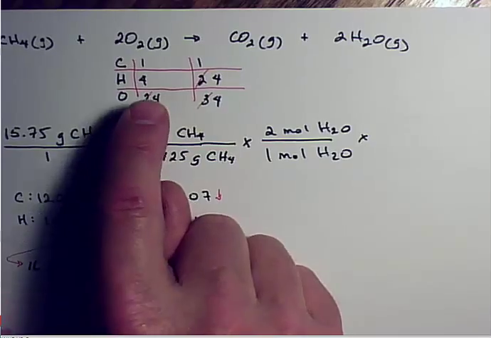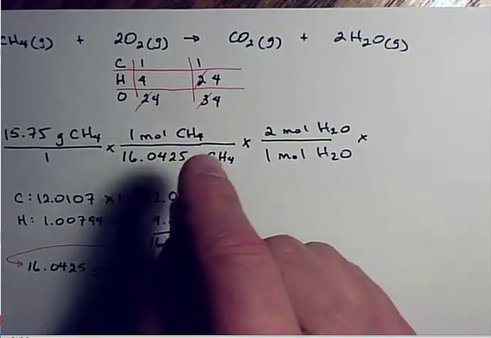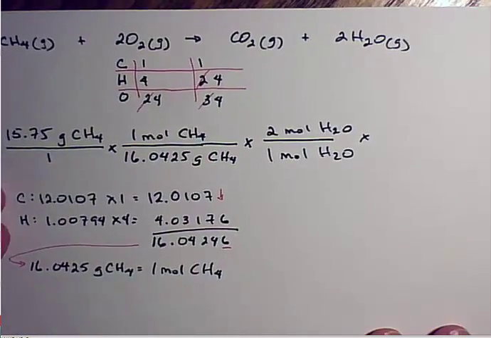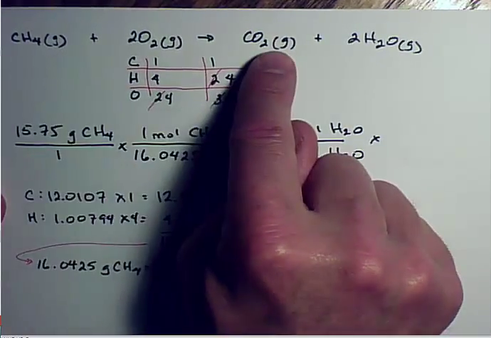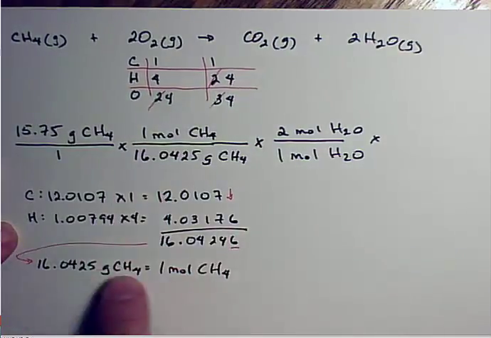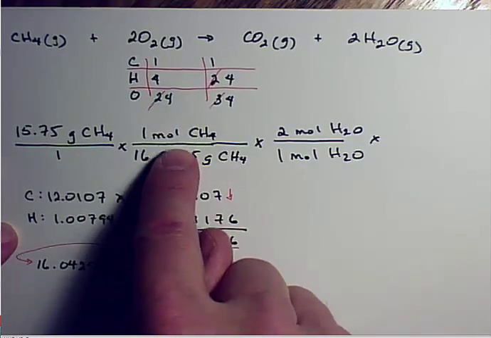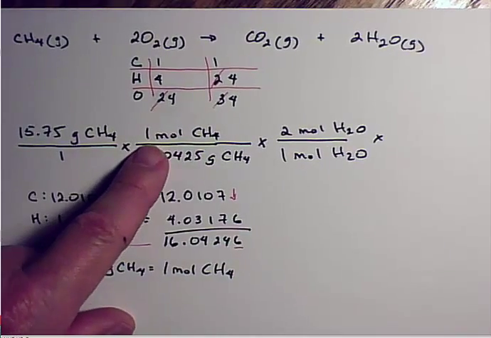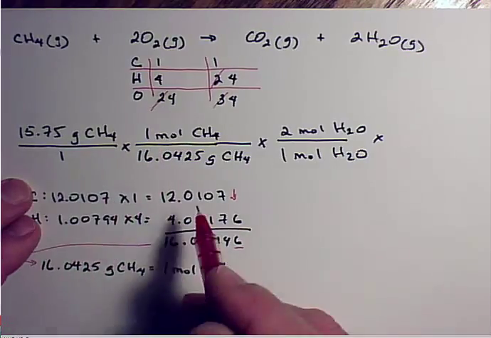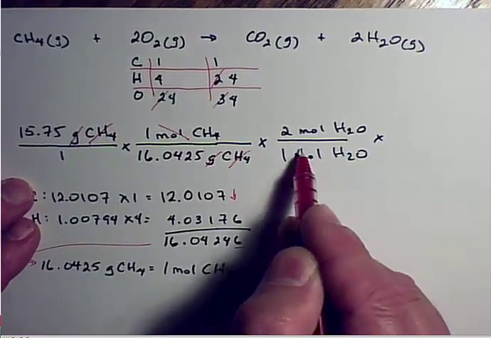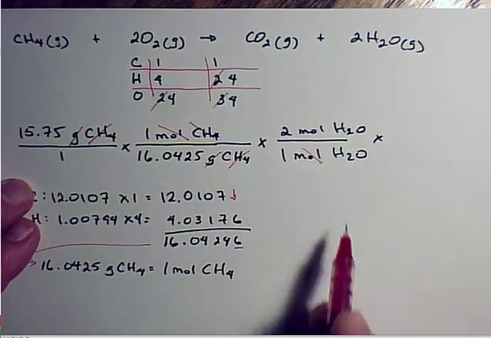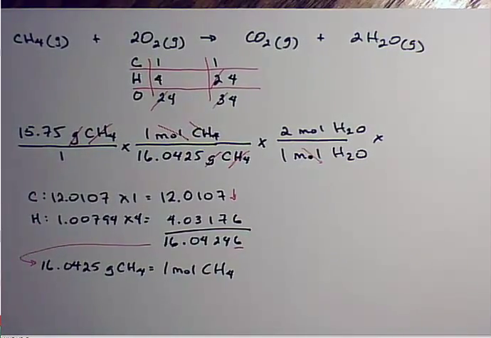Now I went ahead and put back in the atom inventory here because you need to remember that when you do a homework problem, which I will assign in a minute, you've got to have an atom inventory when you balance an equation. Okay? You've got to show me the molar mass ratio here. So we've gotten this far, and it's always a good idea to cancel as you go, and that should be CH4 on the bottom there.